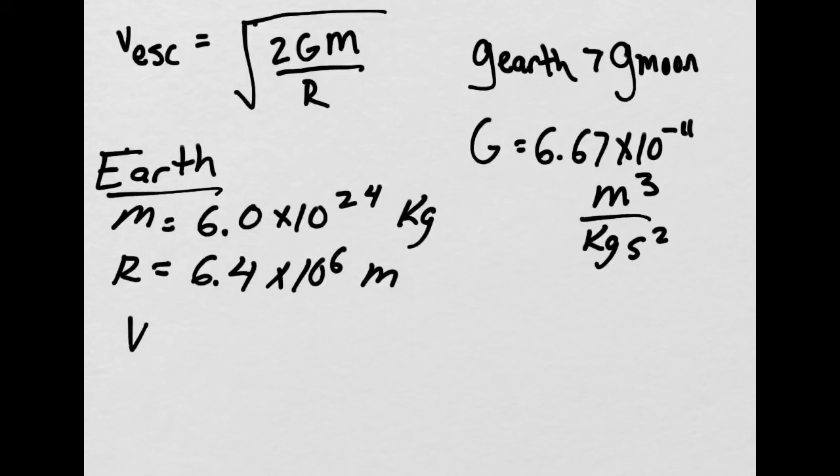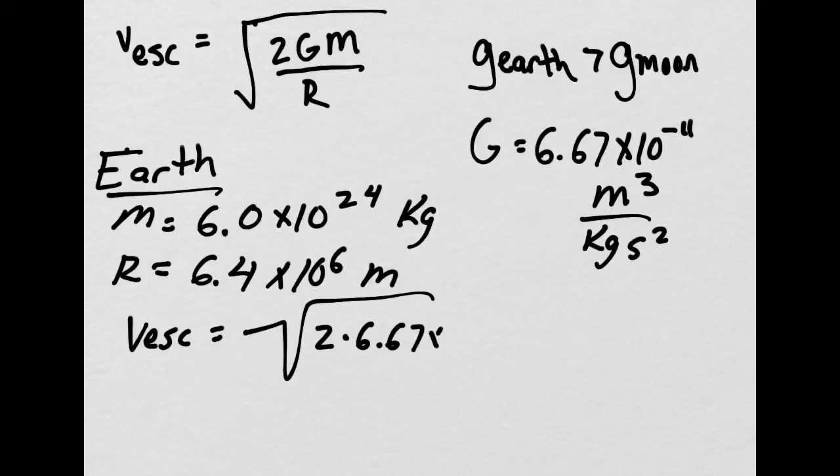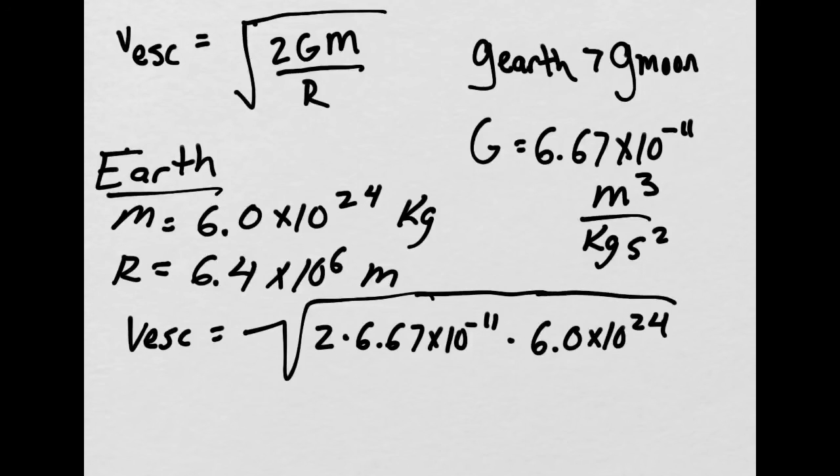So the escape velocity is the square root of 2 times G, 6.67 times 10 to the minus 11, times M, 6.0 times 10 to the 24, divided by R, 6.4 times 10 to the 6. And this square root covers everything.